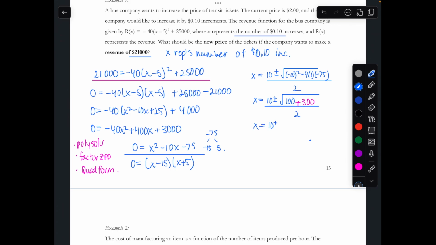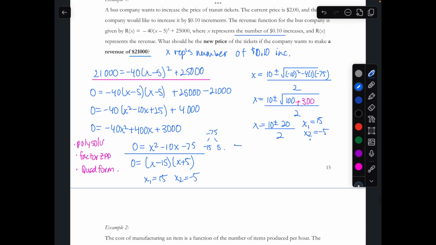So x is 10 plus or minus the square root of 400, which is 20. So x1 equals 15, x2 equals negative 5. So either way, I'm going to get 15 and negative 5.